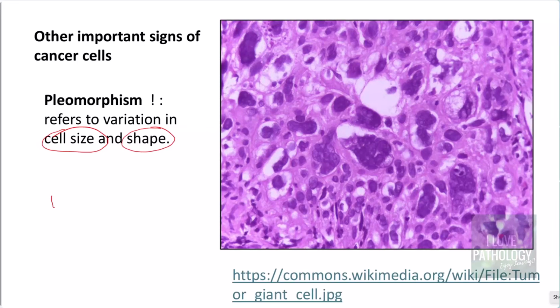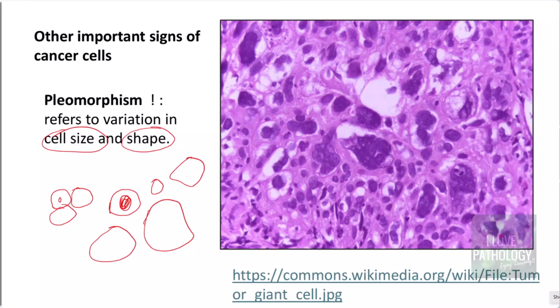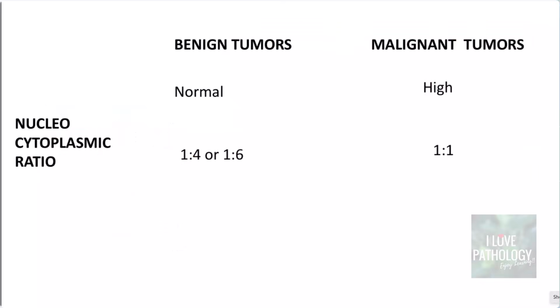If your normal squamous epithelium is somewhat like this, pleomorphism means you can have variably sized cells, and even the nuclei are variably sized with abnormal morphological features. That is called pleomorphism, variation in cell size and shape. Let us try to differentiate between benign and malignant tumors based on the nucleocytoplasmic ratio.